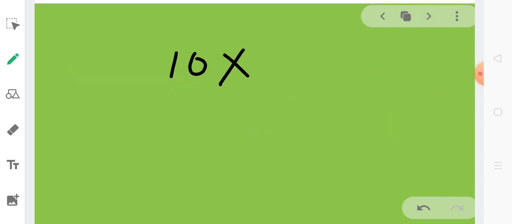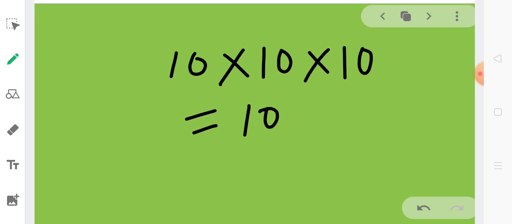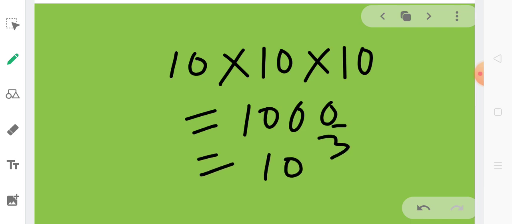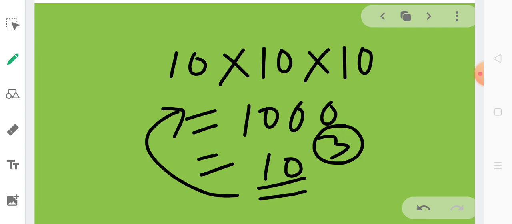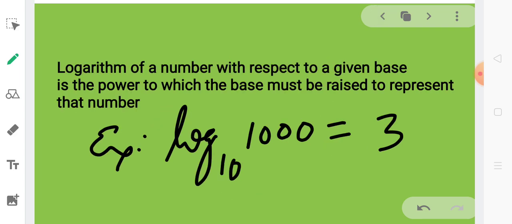Now 10 into 10 into 10, isn't it equal to 1000? And 10 into 10 into 10 is equal to 10 to the power 3. So 3 is the power to which the base 10 must be raised in order to represent 1000. So log of 1000 for base 10 is equal to 3.